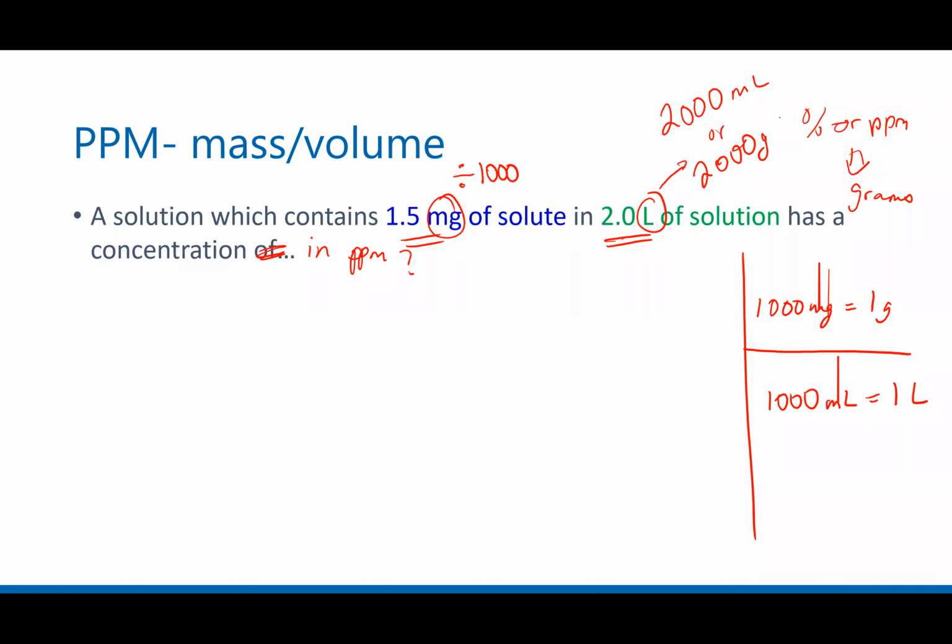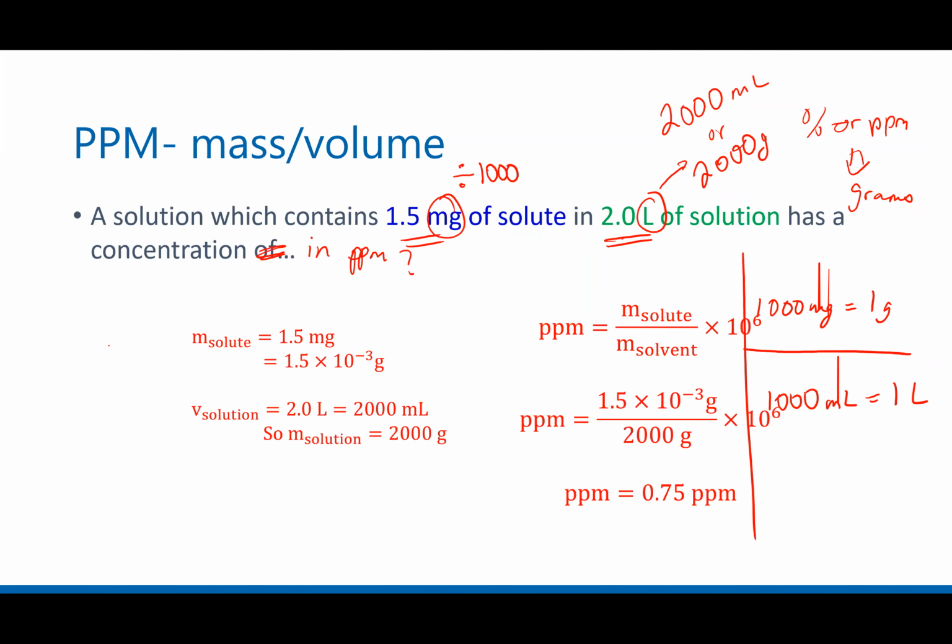So now think about my information. I have the mass of my solute in grams, and I have the mass of my solution in grams. So here's my mass of solute in grams. Again, all I did was divide by 1,000. And here's my mass of the solution in grams. So all I do is plug this information into my equation.